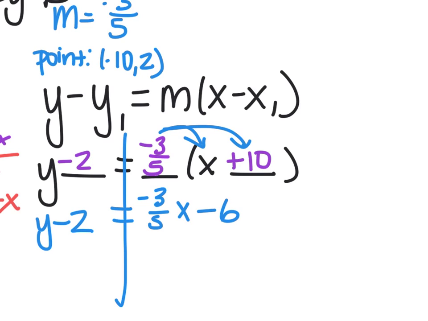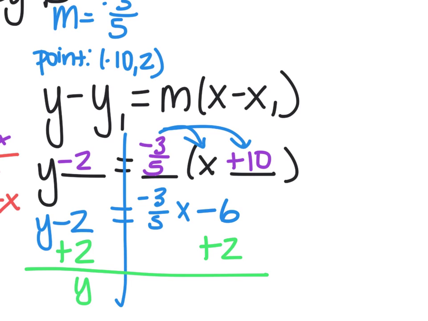And then my final step to get y by itself is to add 2 to both sides. When I add 2 to the right side, I have to add it to the 6 because the negative 3 over 5 has an x with it. So I end up with y equals negative 3 over 5x minus 4 because negative 6 plus 2 is minus 4.